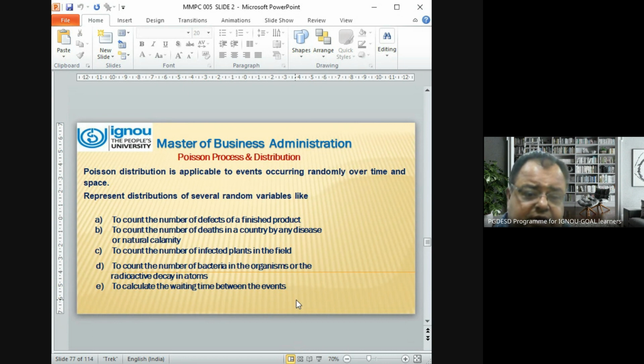It represents the distribution of several random variables, like to count the number of defects in a finished product, the number of deaths in a country by any disease or natural calamity, the number of infected plants in the field, the number of bacteria in an organism, or the radioactive decay in an atom, or to calculate the waiting time between two events. These are normally the cases where Poisson distribution is applied.